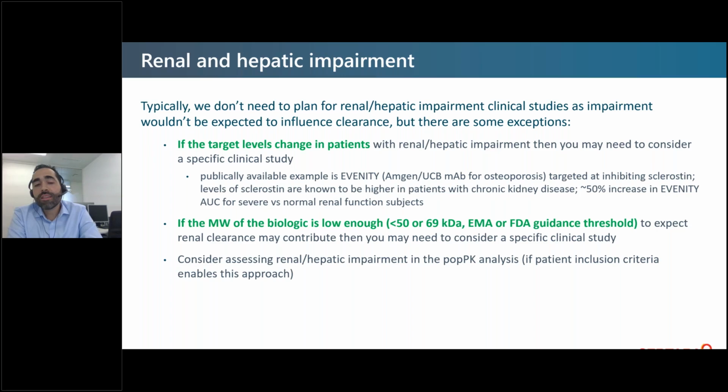If you are investigating a biologic drug with a molecular weight lower than these cutoffs, then you need to consider investigation of renal impairment. In any case, during your development, you need to collect the relevant information and include this data in the population PK analysis to see if there are any trends or significant covariates in terms of renal or hepatic impairment.